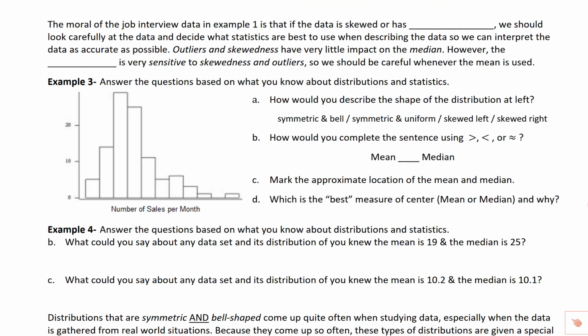So to summarize that job interview data, the moral of that story is if the data is skewed or it has outliers, so really extreme data points, then we should be really careful deciding what statistics are best to use to describe that data, and we want to be able to interpret it as accurately as possible. Now, outliers and skewedness have very little impact on the median.